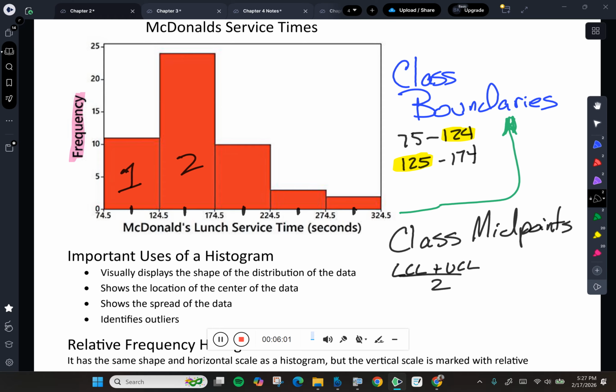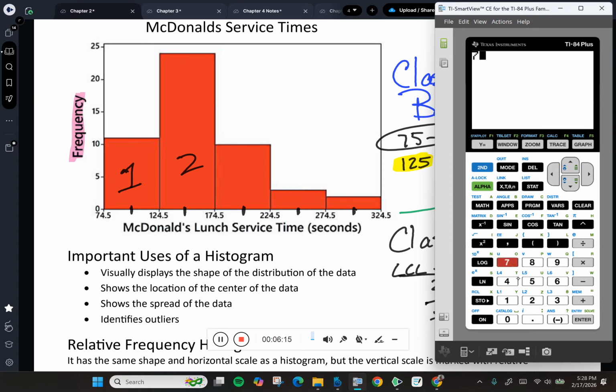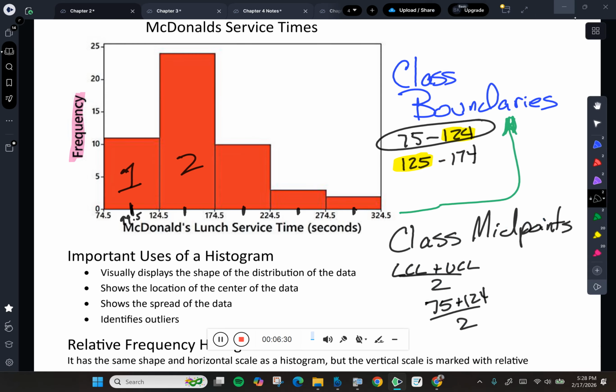So for example, for the first class, since it goes from 75 to 124, we would say 75 plus 124 divided by 2. That looks like calculator work to me. So 75 plus 124, divide that answer by 2, and I get 99.5. So this one we would label right here in the middle as 99.5. And then to find the next one, we would take 125 plus 174 and divide that by 2 to get the midpoint for that class.